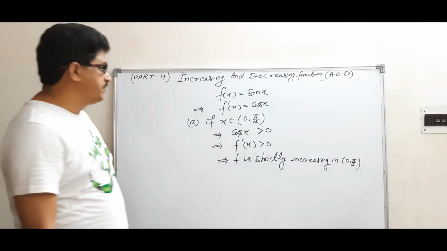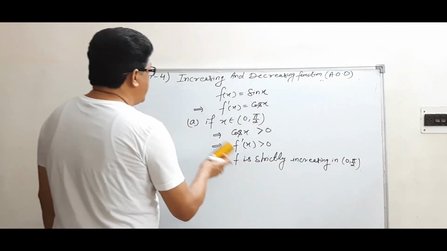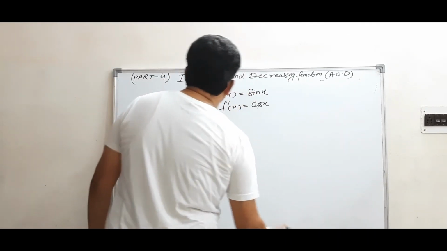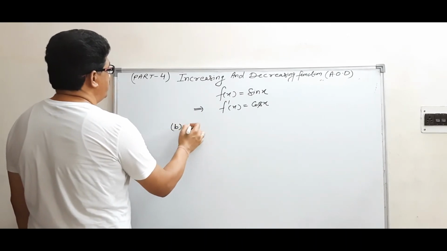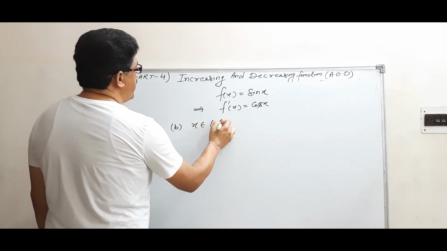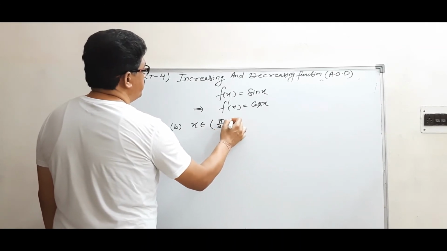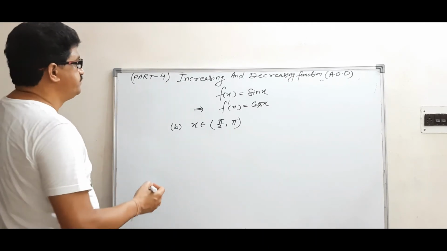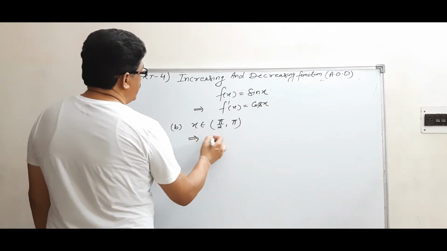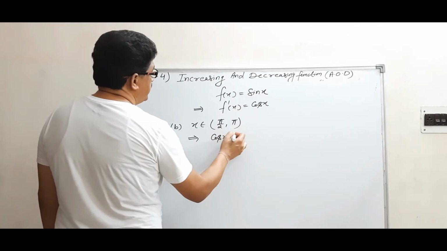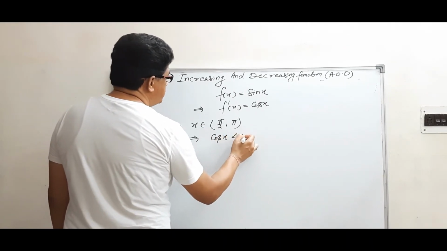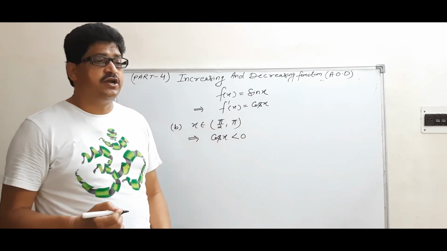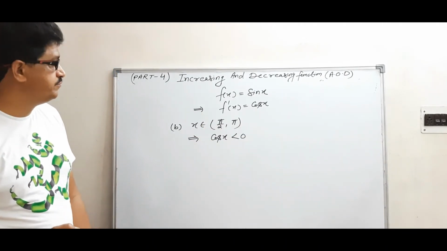In part B, x belongs to pi by 2 to pi. If x belongs to pi by 2 to pi, cos x is less than 0 because in the second quadrant cos is negative.